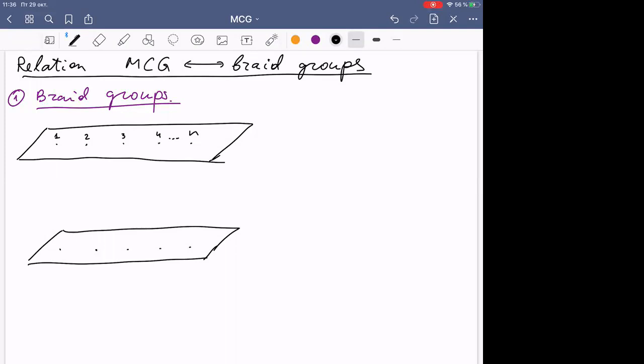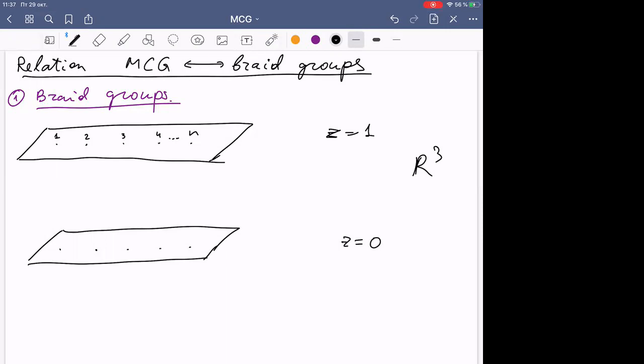For instance, in usual 3-space, this is the plane z equals 0, and this one is z equals 1. So we have 2 parallel copies with the same marked points, obtained just by a vertical shift.